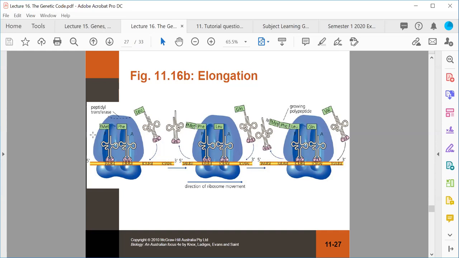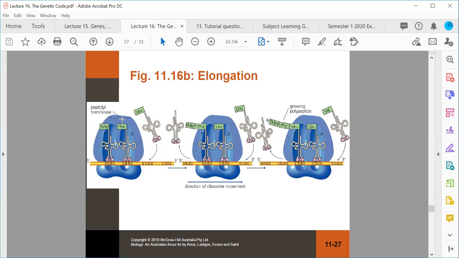What catalyzes the formation of this bond between the amino acids is really unusual, very unusual and very rare in the molecular world. That is an enzyme component of the ribosome, which is not unusual in itself, but the fact that this enzyme is actually one of the RNA molecule components of the ribosome.